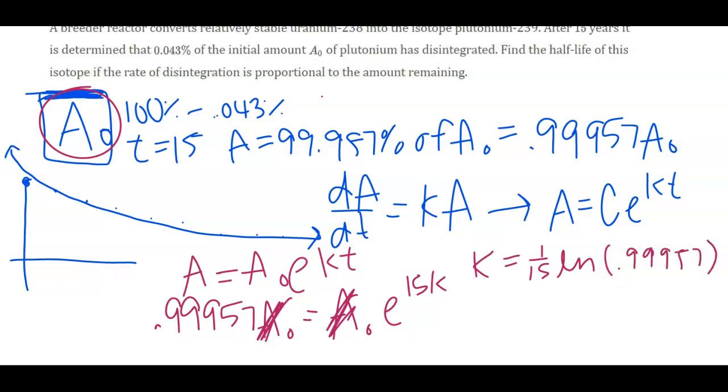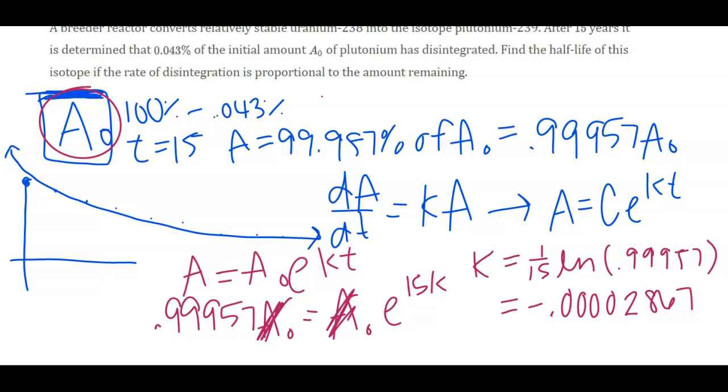That's a number inside my log smaller than 1, so it's going to end up negative, and I'm going to divide that by 15. It is going to be so small. The k that we find is negative 0.0002867. So that is our constant of proportionality for this exponential decay.